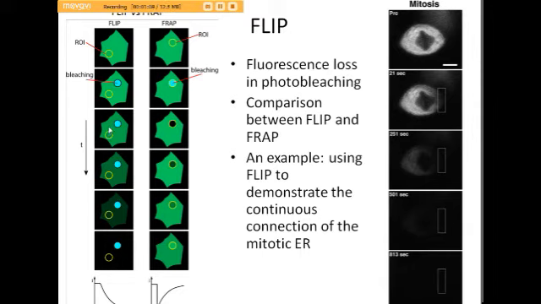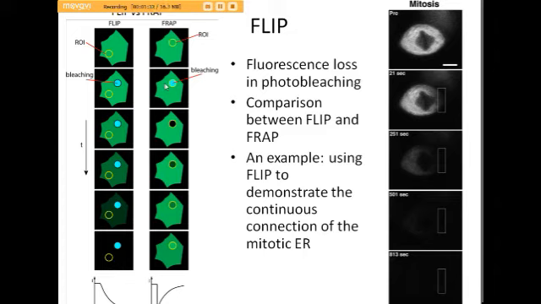If the GFP molecules are all connected, all continuous, you can imagine that if you keep on photobleaching this region, you're going to deplete the whole cell's GFP-tagged molecules. So this ROI's intensity will gradually reduce, and eventually it will become totally dark.